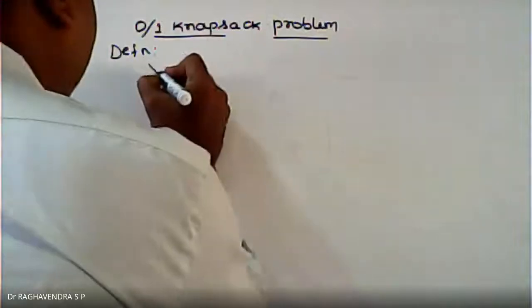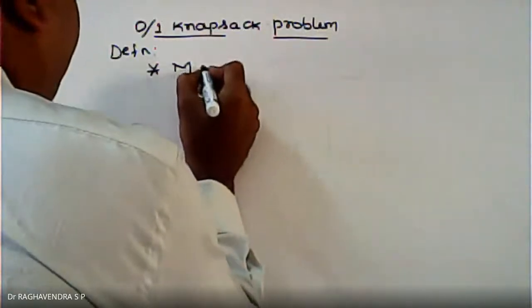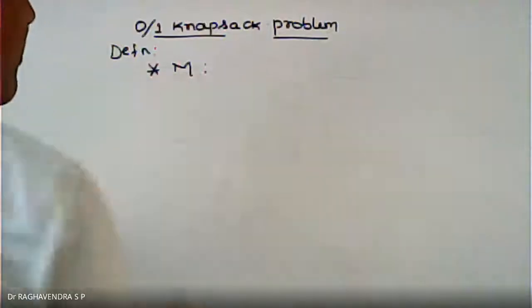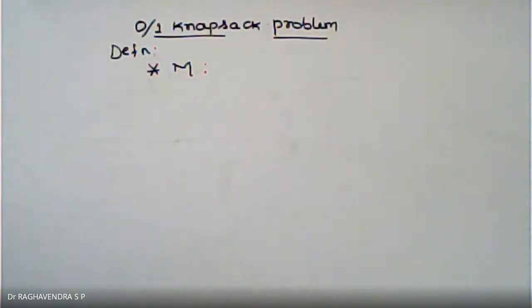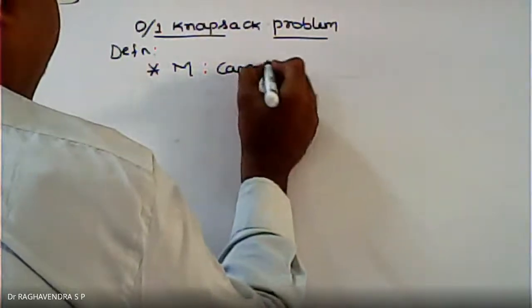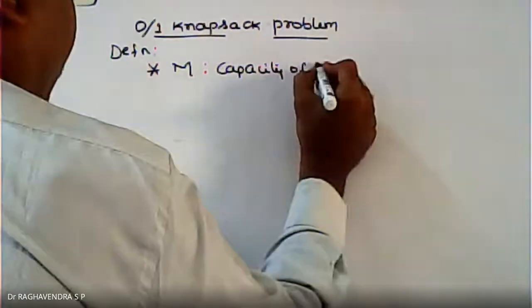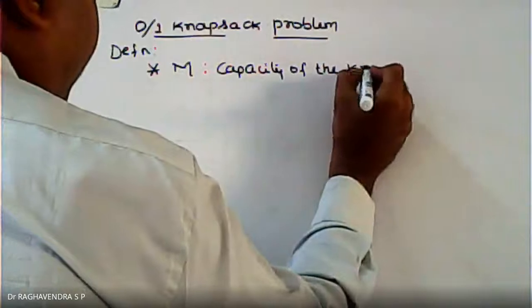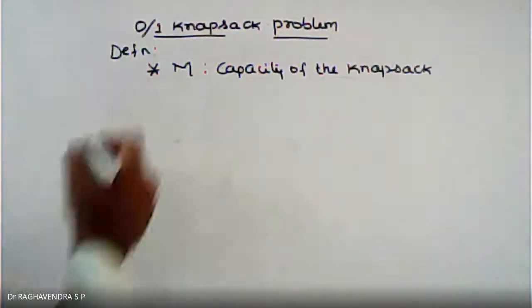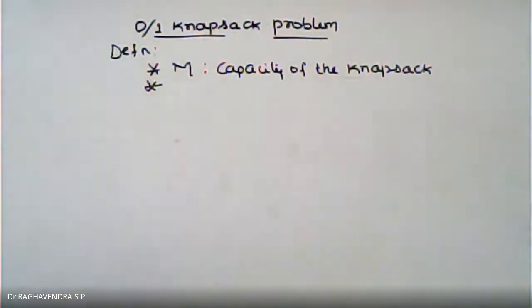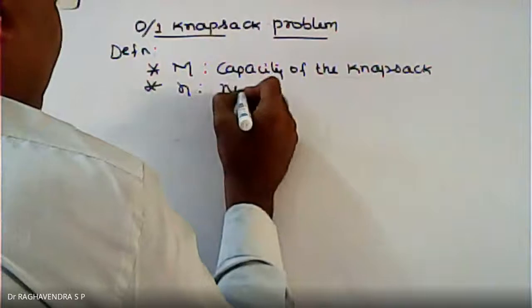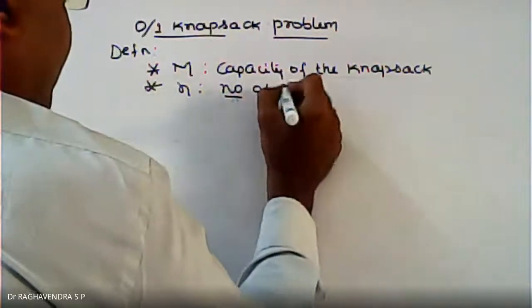First one, capital M. What is capital M? Capacity. Very good. Capacity of the knapsack. Similarly, second one, N means number of objects.